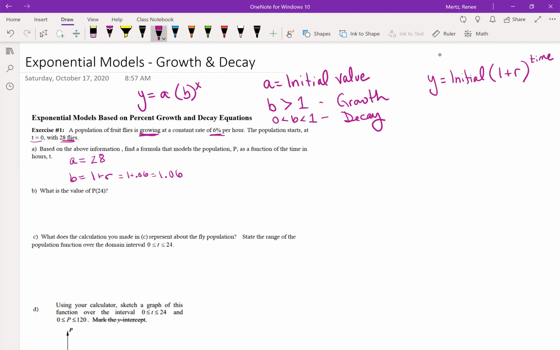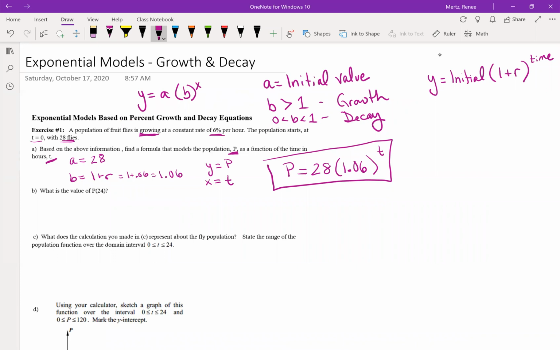Now it says that we want it as a P for the population, T for the time. So y is equal to P and x is equal to T. So we have P equals 28 times 1.06 to the T power, if I put that all together.